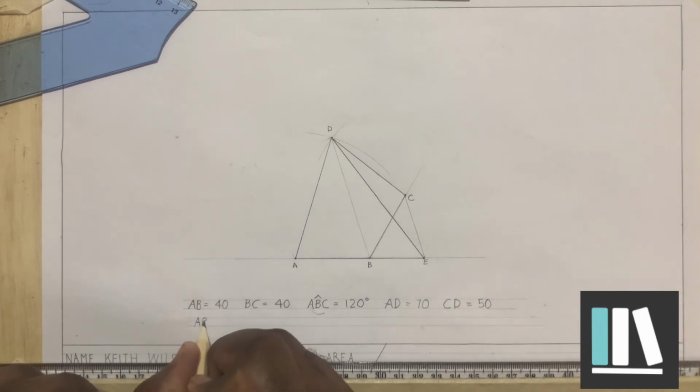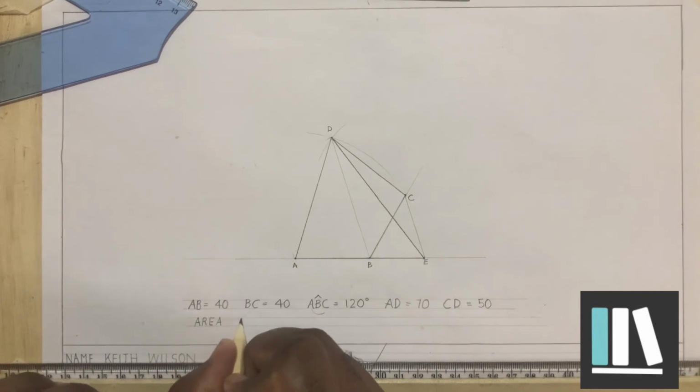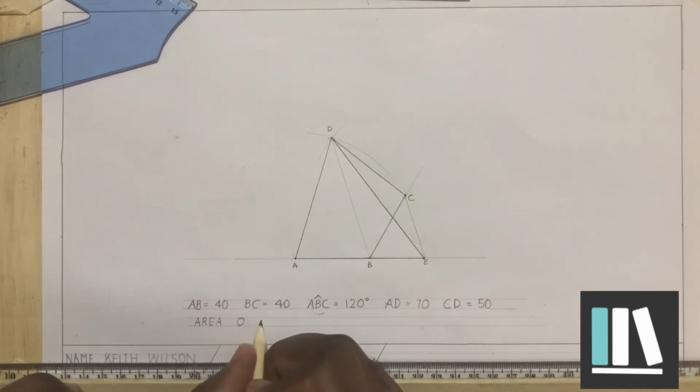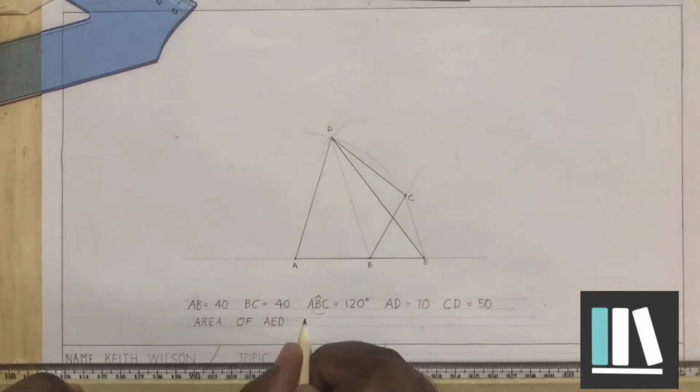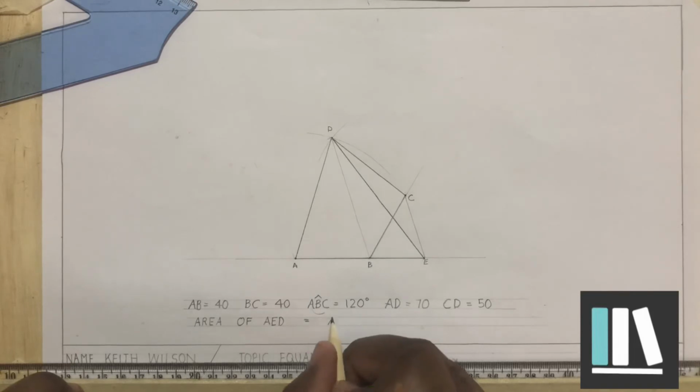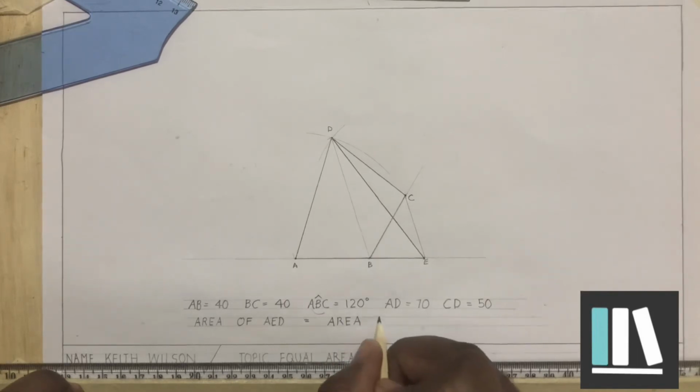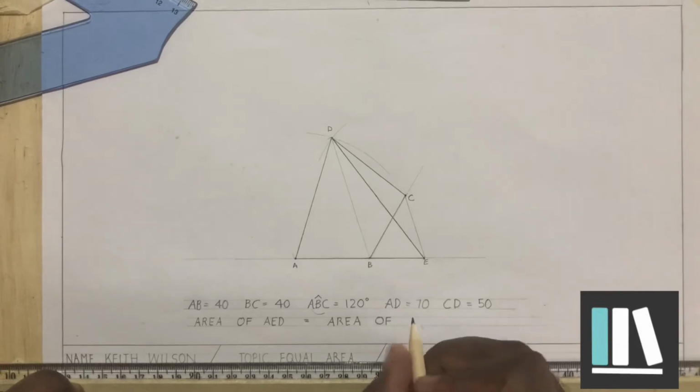Area of AED, which is the triangle AED, is equal to the area of ABCD.